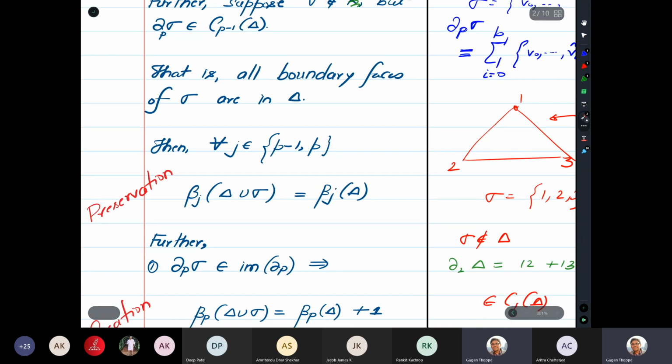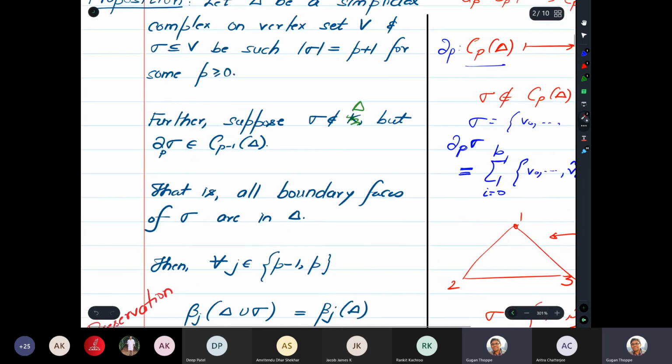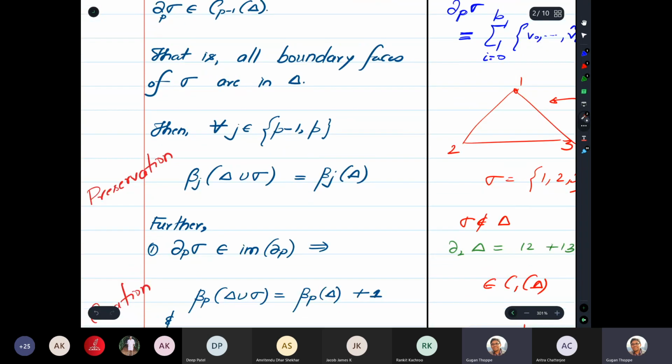Then what does this theorem say? First of all, notice that we are looking at a very specific case where the cardinality of sigma is p plus 1. In particular, we are trying to add a p-dimensional face, right? So this result says that for every j, there is a typo here, for every j which is not in {p minus 1, p}, right?